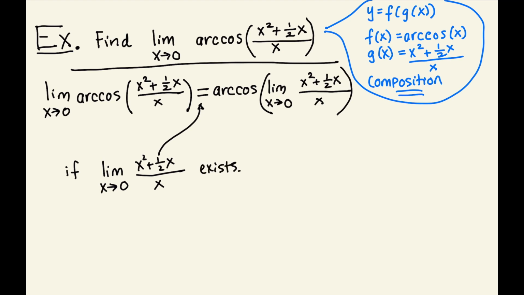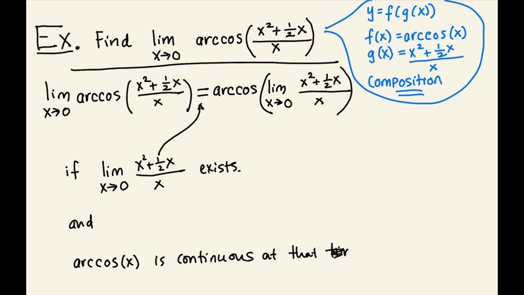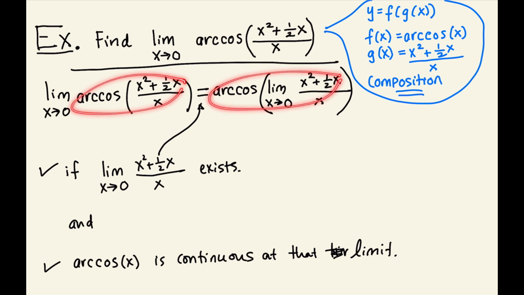That's the first condition, and we need that arc cosine of x is continuous. These are the two things we're going to have to check if we want to say that this is equal to this.